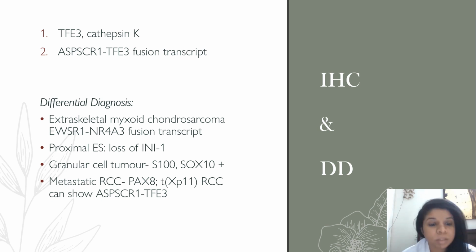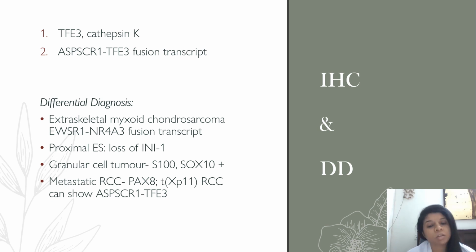Another remarkable thing you have to notice is metastatic RCC. Renal cell carcinoma is notorious for metastasizing anywhere, even to the soft tissues. So when there is a soft tissue lesion, especially alveolar soft part sarcoma, present in the thighs or buttocks region, consider metastasizing RCC. Another problem is that the fusion transcript seen in this tumor is also seen in a variant of RCC which has the Xp11 translocation.